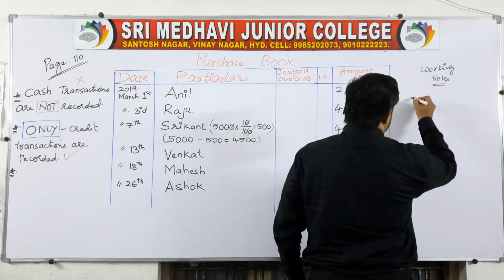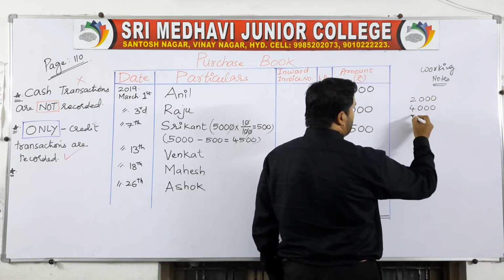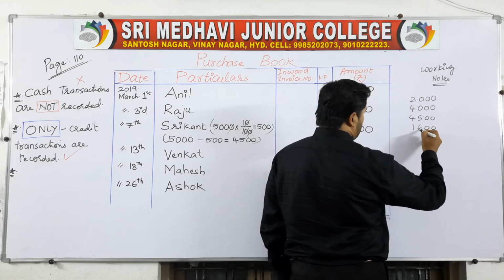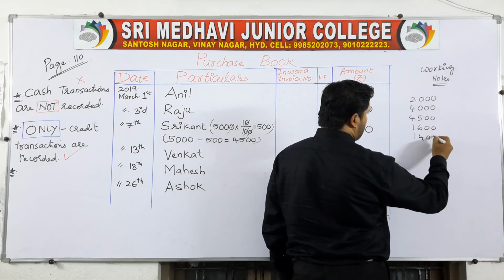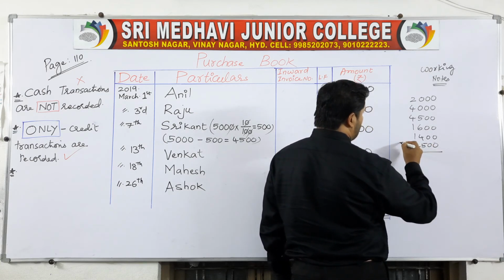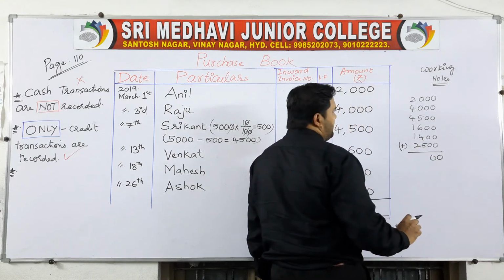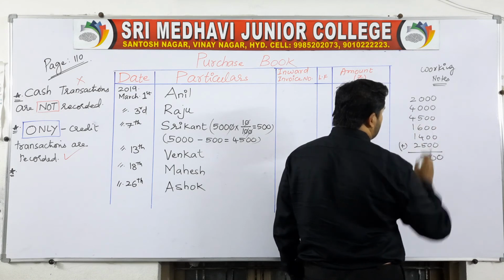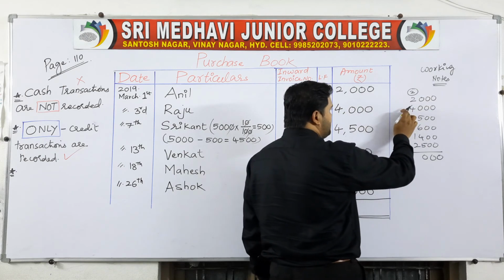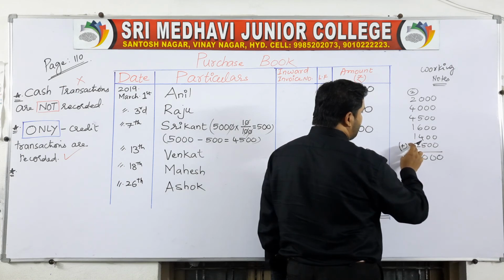Here what is the total of this? 2000, 4000, 4500, 1600 and 1400, 2500. So to know the total you have to add all these. 0, 0, 4, 5, 9, 9 plus 6, 15, 15 plus 5, 20, carry 2 here, 2, 2, 4, 4 plus 4, 8, 8 plus 4, 12, 13, 14, 15, 16.